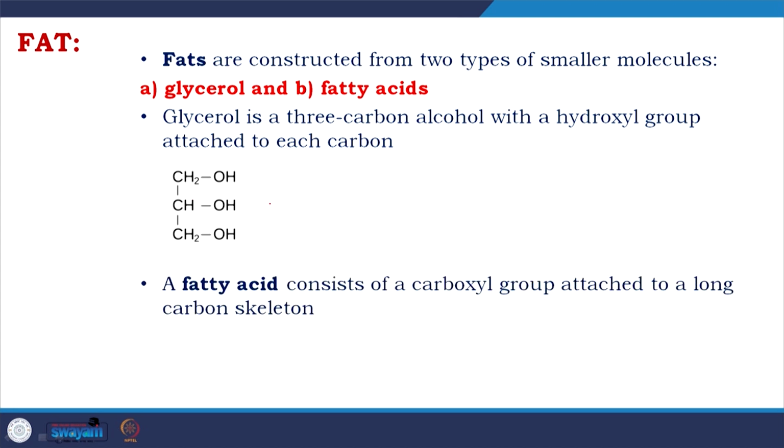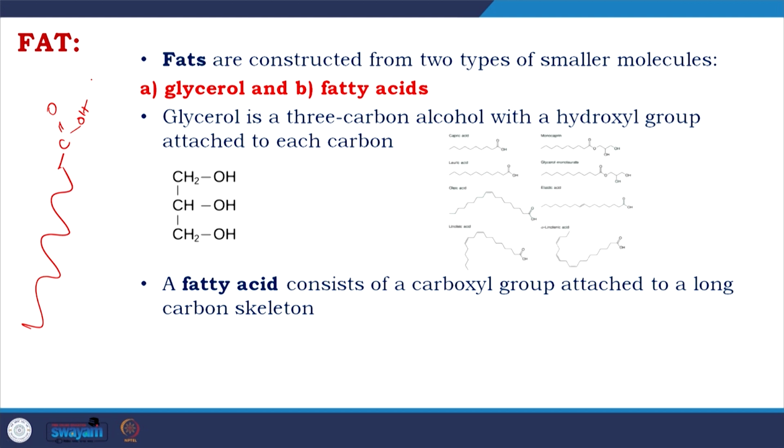A fatty acid consists of a carboxyl group attached to a long carbon skeleton, with a C double bond OH. If you look at capric acid, lauric acid, oleic acid, linoleic acid, they are all examples of fatty acids.